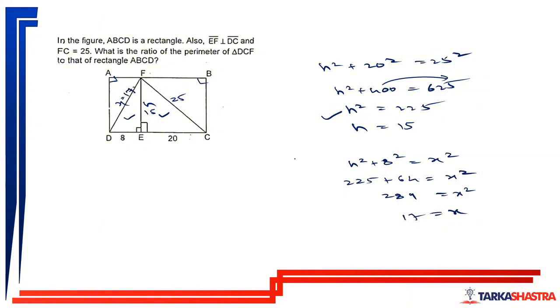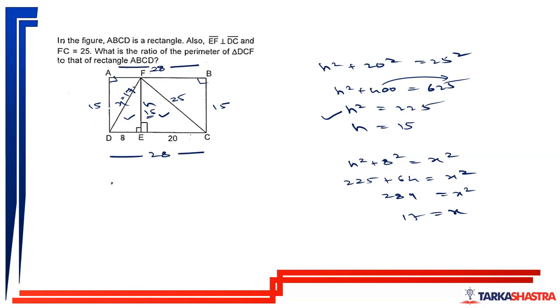What is the ratio of the perimeter of DCF to rectangle ABCD? So this is 15. This will also be 15, because it is the height of the rectangle and opposite sides of the rectangle are equal. This is 28. This is also 28.